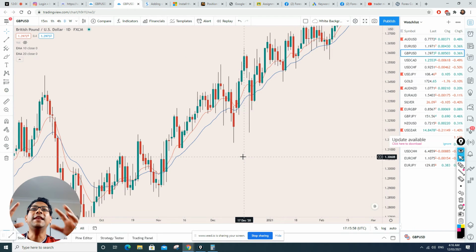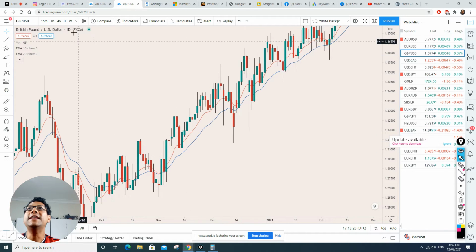Now look, any strategy that tells you a lot of stuff is bullshit. You don't need a lot of things in a strategy. A strategy has to be simple, understood by anyone, any beginner. So the strategy I'm giving you is very, very simple. In this strategy, you have to find a trending market in any time frame: daily, hourly, 4 hourly, or 15 minutes.